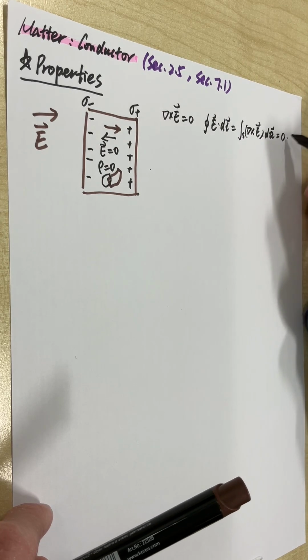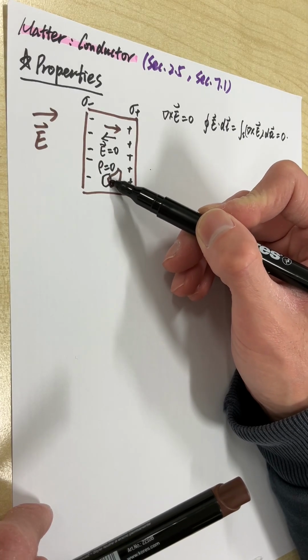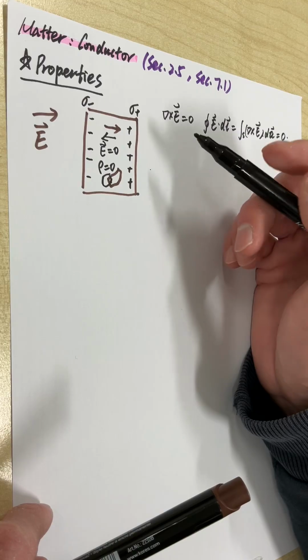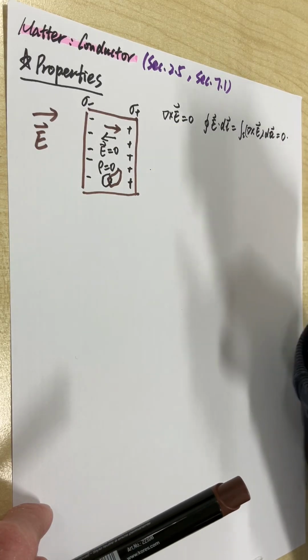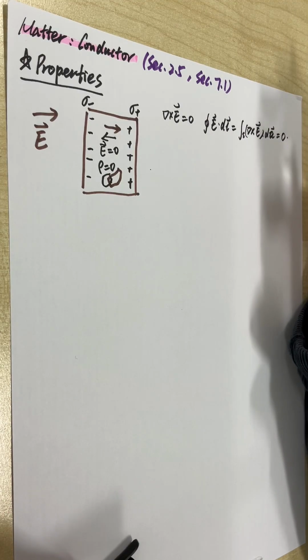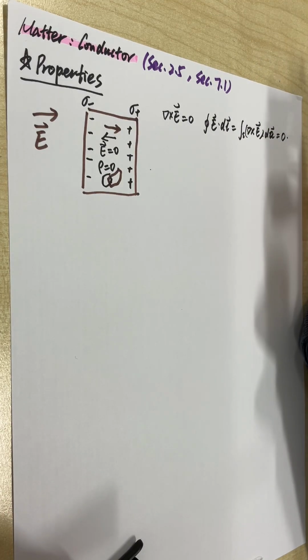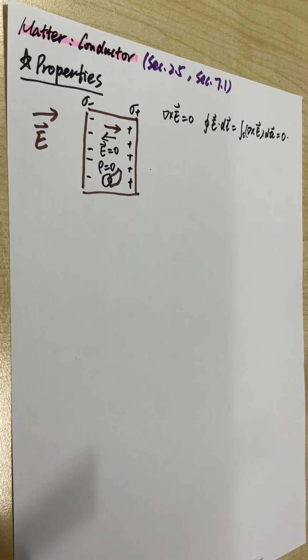So this is equal to 0. If there's no electric field outside, there will be no electric field inside. So electric field doesn't penetrate a conductor. For example, if you are sitting in your car and there is a thunderstorm, you wouldn't get electrocuted. Okay, so that's a property.